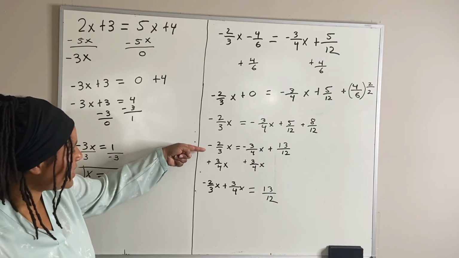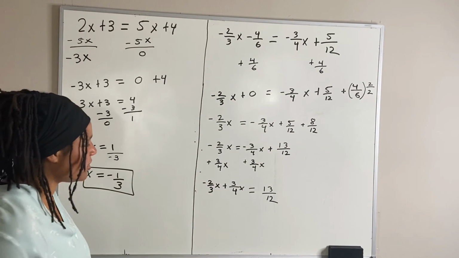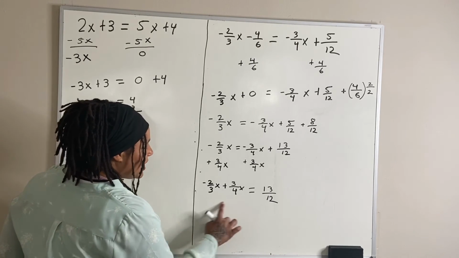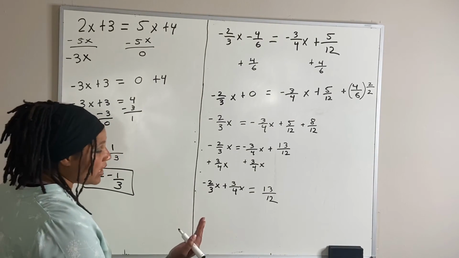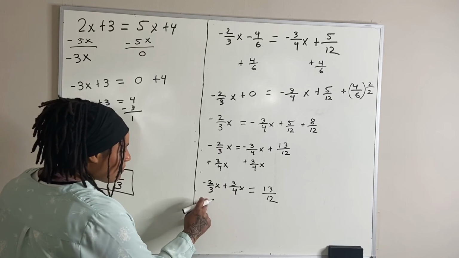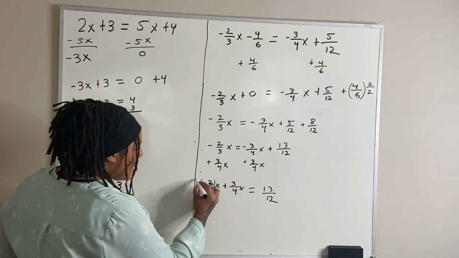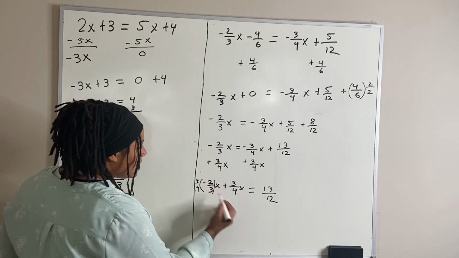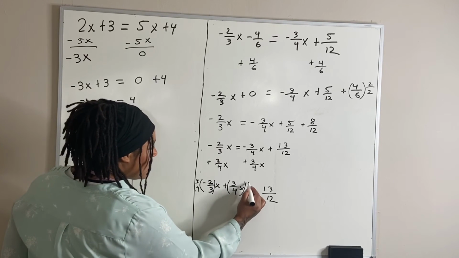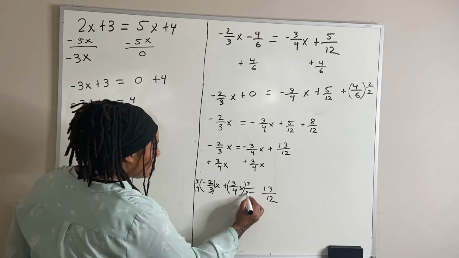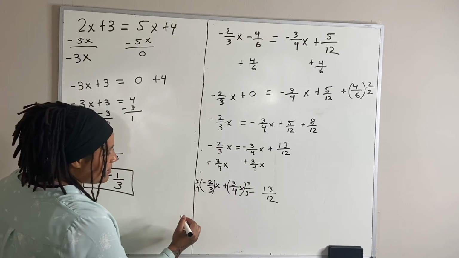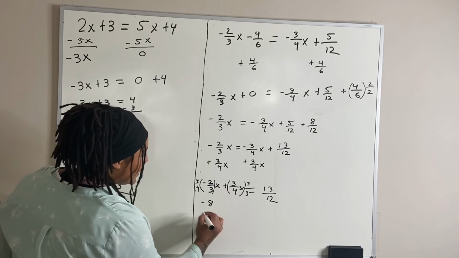And then now we're saying negative 2/3 plus 3/4. Now we need a common denominator. Our common denominator is a 12 in this case. So I need to multiply the top and the bottom by a 4 over here. And I need to multiply the top and the bottom by a 3 over here. So 4 times a negative 2 is a negative 8.